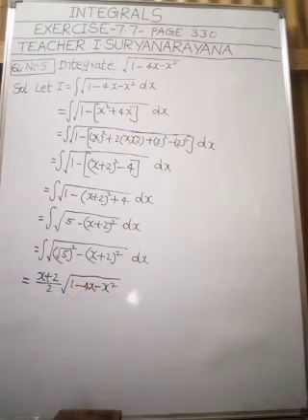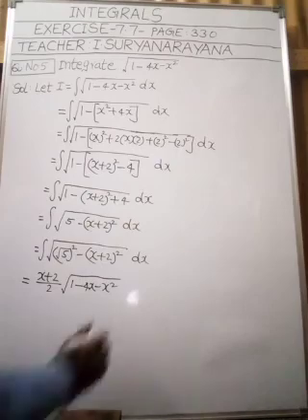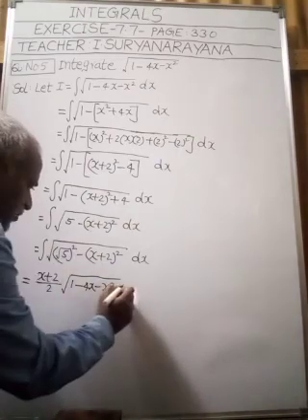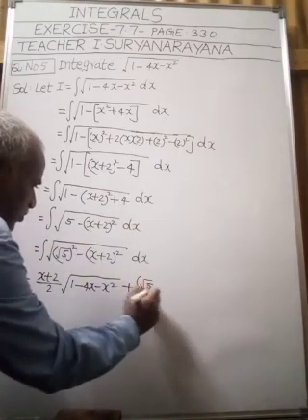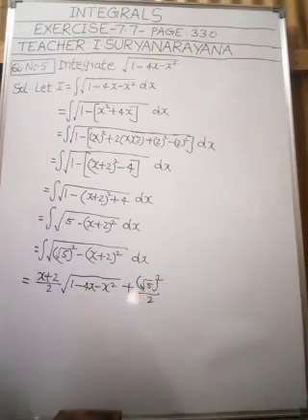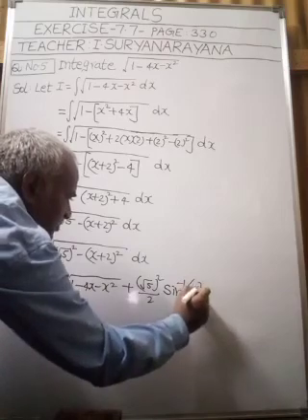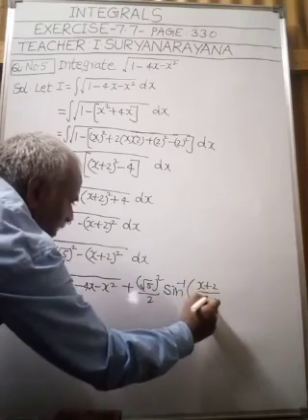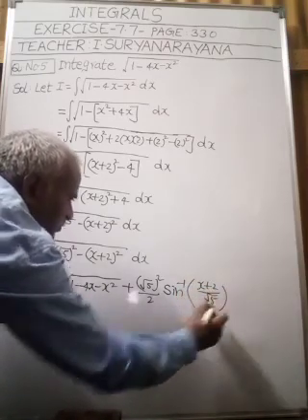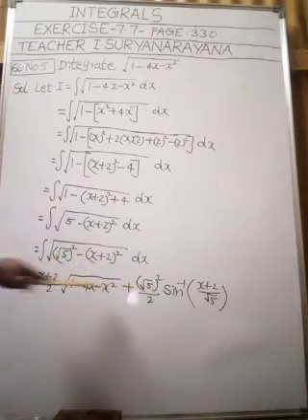Then plus a square by 2, root 5 by 2 whole square, a square by 2 sin inverse of x by a. Sin inverse of x means here x plus 2 by a, where a is root 5. Understood this step, my children?